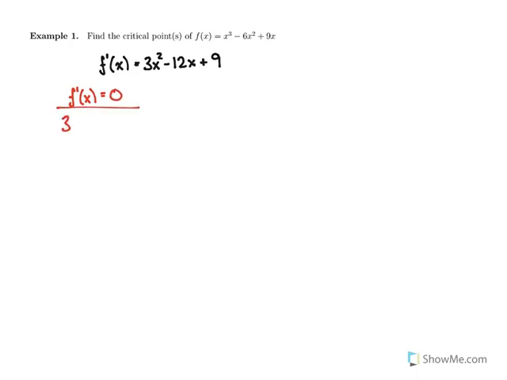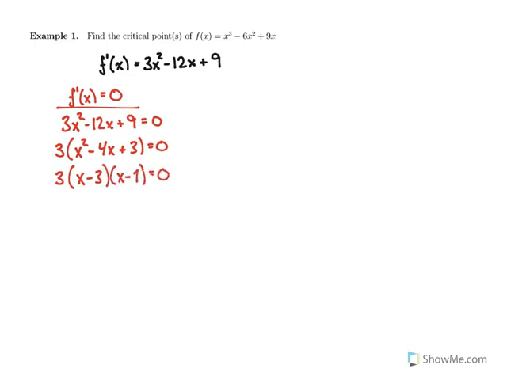So 3x squared minus 12x plus 9 equals 0. Note that we can factor out a 3 from each term, so x squared minus 4x plus 3 equals 0. We can divide by that 3 or just write it as x minus 3 times x minus 1 equals 0. That gives us 2 points, x equals 3 and x equals 1.